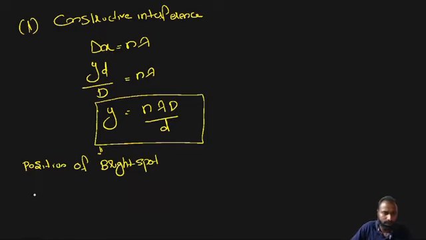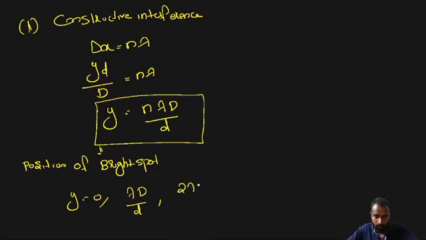So let us assume n can have value 0. If it is 0, then we get the central maxima, or n is equal to 1, we will get y. y can have either 0, or lambda D by d, that is the first maxima, or second maxima 2 lambda D by d, or 3 lambda D by d.